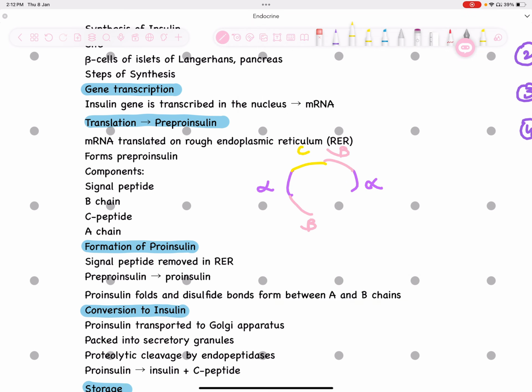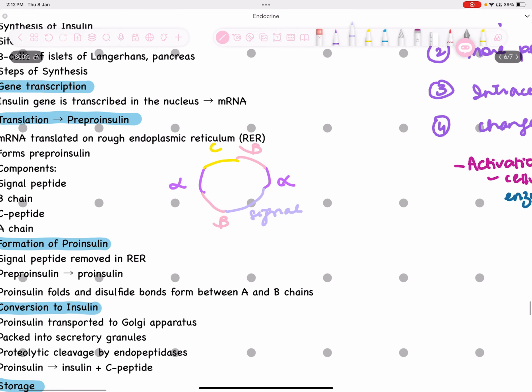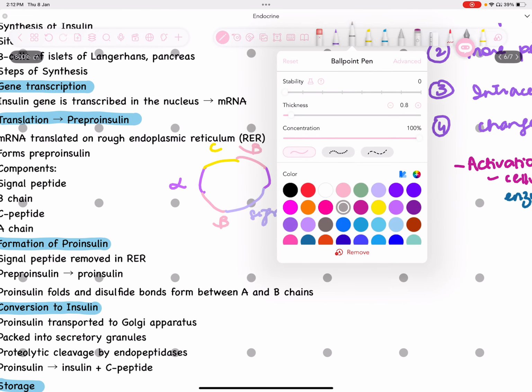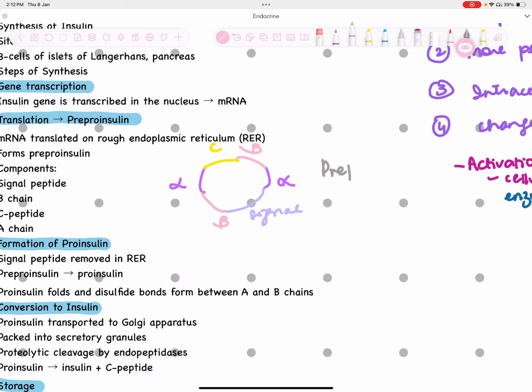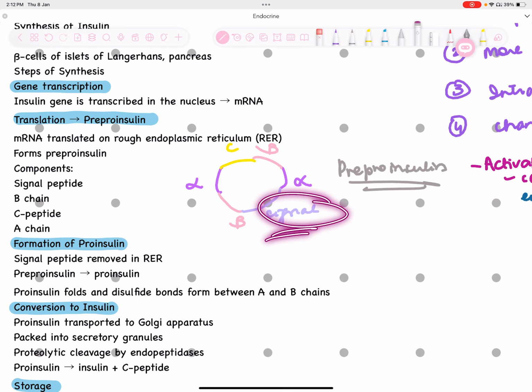And it also has a signal peptide. So this is our very important molecule, pre-proinsulin. What are the components again? It has two alpha subunits, two beta subunits, a C chain or C peptide, and a signal peptide. Now, this is pre-proinsulin.